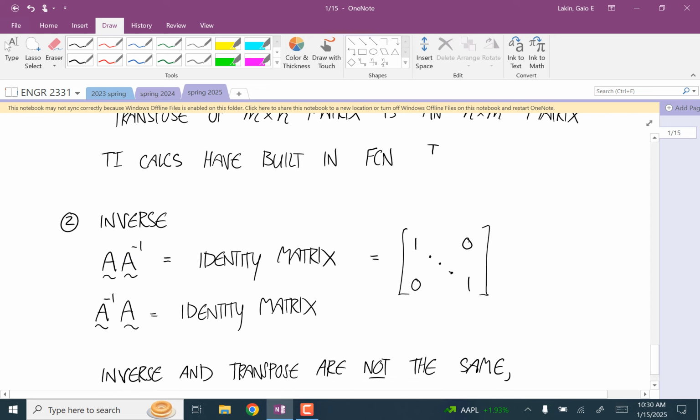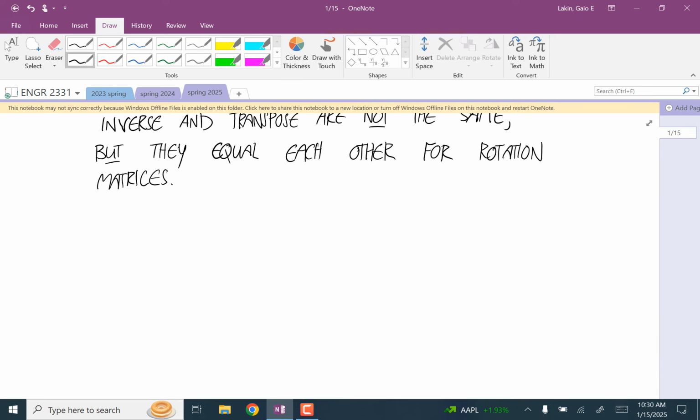Okay, what number are we on now? Okay, the third one now is, and what about doing inverses in a TI calculator? You can just raise a matrix to the power of -1 and it'll compute that matrix for you. That's cool.